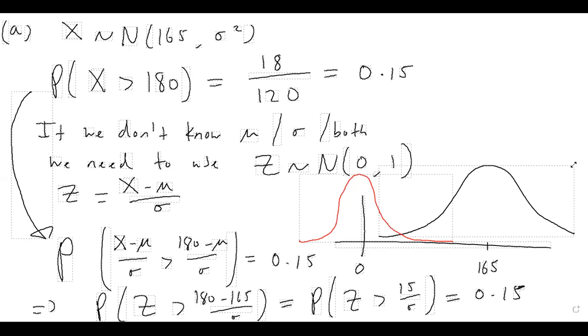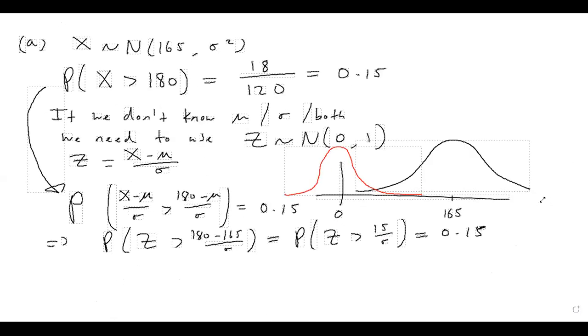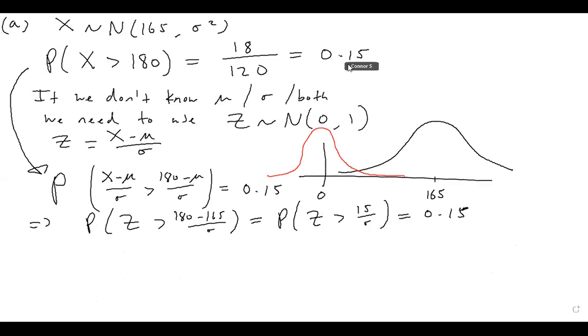So firstly, let me squish everything upwards like so. Now let's look at our distribution here. This is our distribution for x. I'm going to draw the standard normal distribution out again, down here.